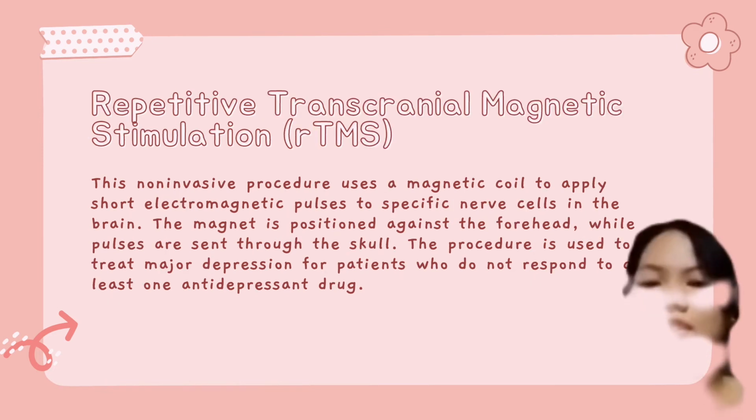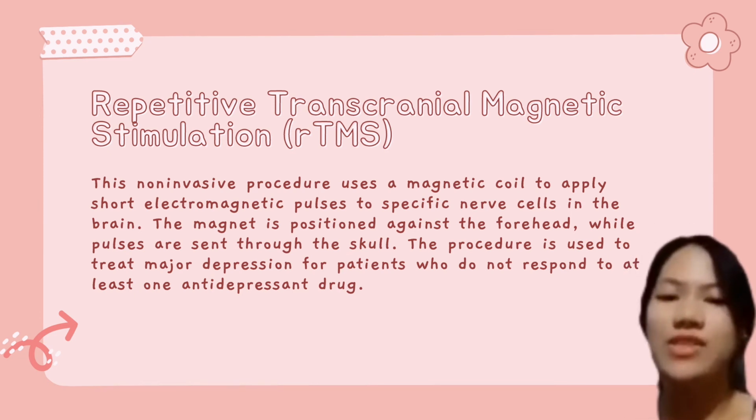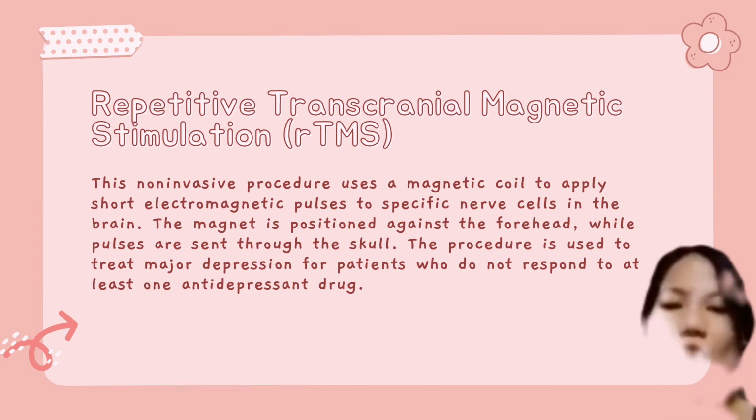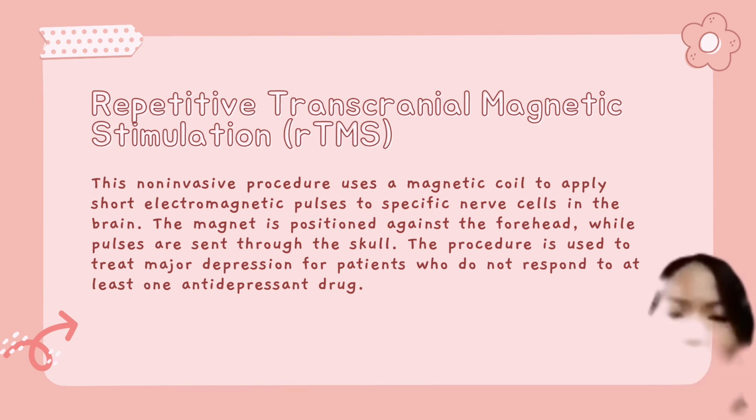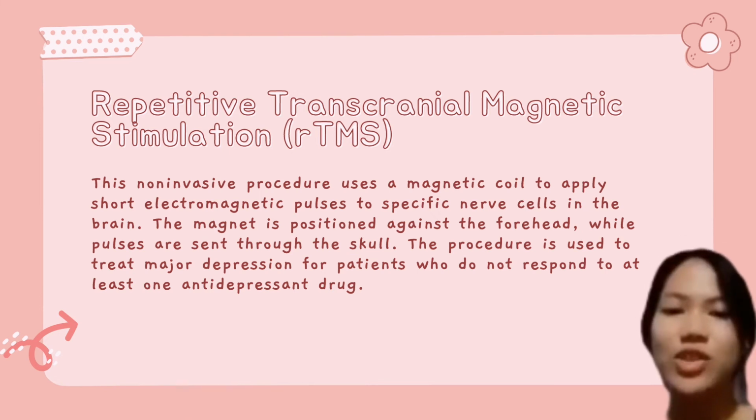And next is the repetitive transcranial magnetic stimulation or rTMS. This non-invasive procedure uses a magnetic coil to apply short electromagnetic pulses to specific nerve cells in the brain. The magnet is positioned against the forehead while the pulses are sent through the skull.